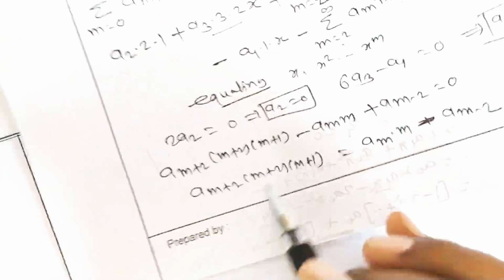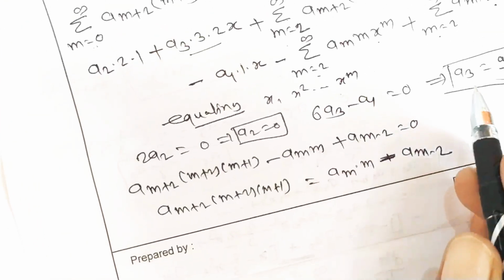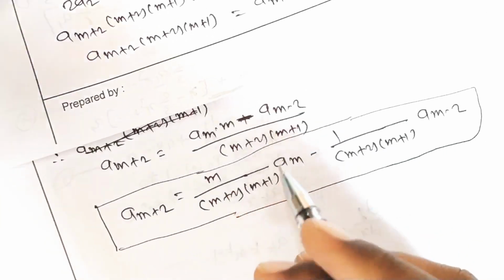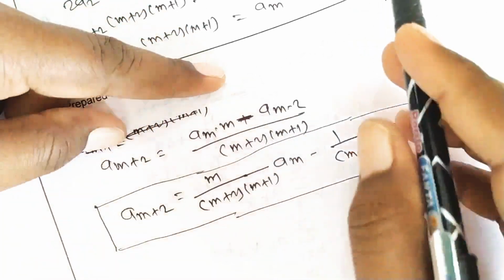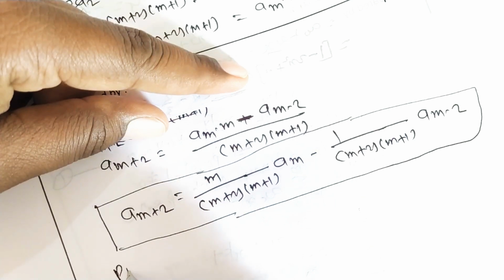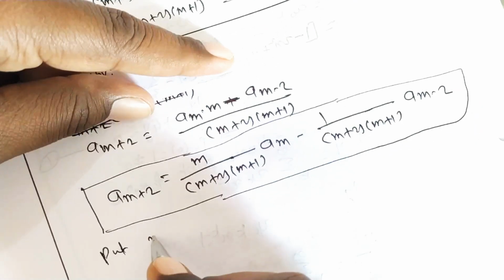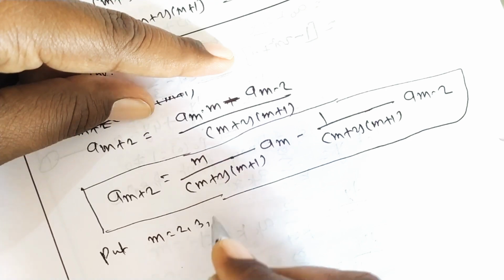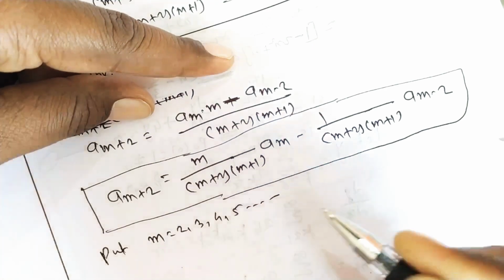We already found a2 is 0, a3 is a1 by 6, means we get constants up to a3, so we have to find a4. So for a4 we have to put m equal to 2, 3, 4, 5, 6 and so on.